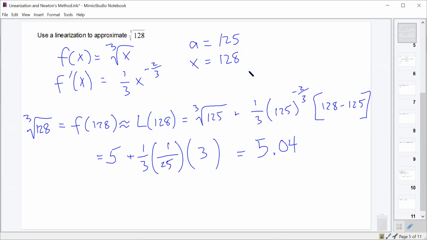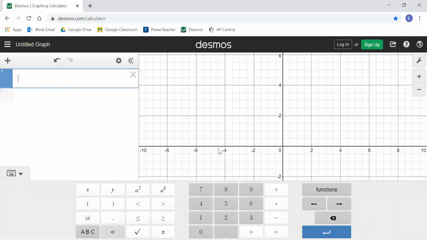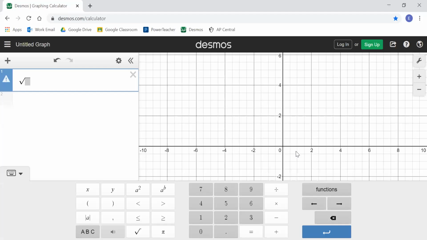Is that what you all got when you did it on your own? Yep. And if we go in and take a look, cube root of 128 is 5.0396968.